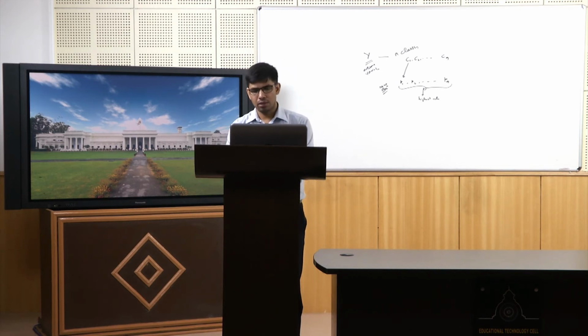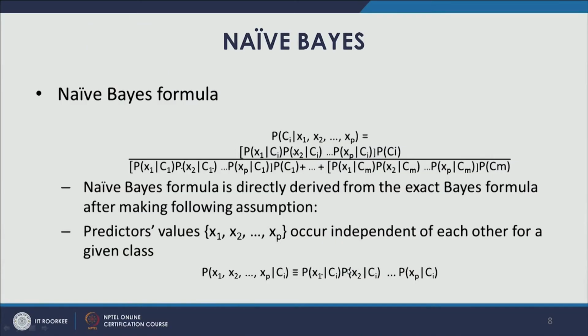So from the conditional probability we have reached, in a way, unconditional probabilities, in the sense that the predictor values are going to be independent of each other.